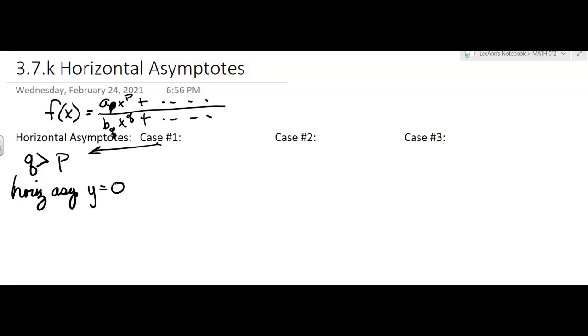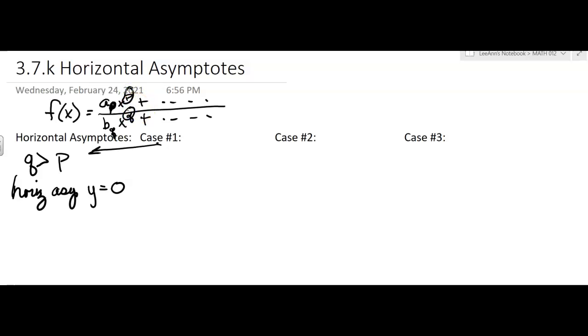You can only have one horizontal asymptote, okay? So that's all you get. And the horizontal asymptote is right on the x-axis, y equals 0. That's how we write it. And that occurs if the degree of the denominator is bigger than the degree of the numerator. So it's going by those exponents, the exponent here and the exponent here.